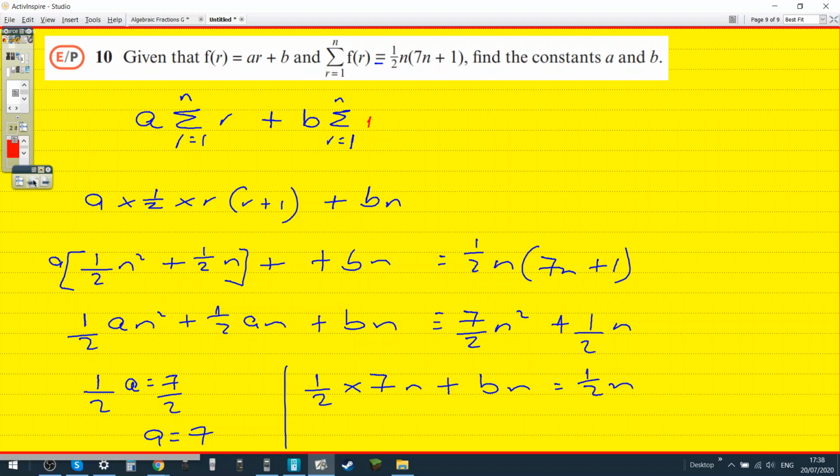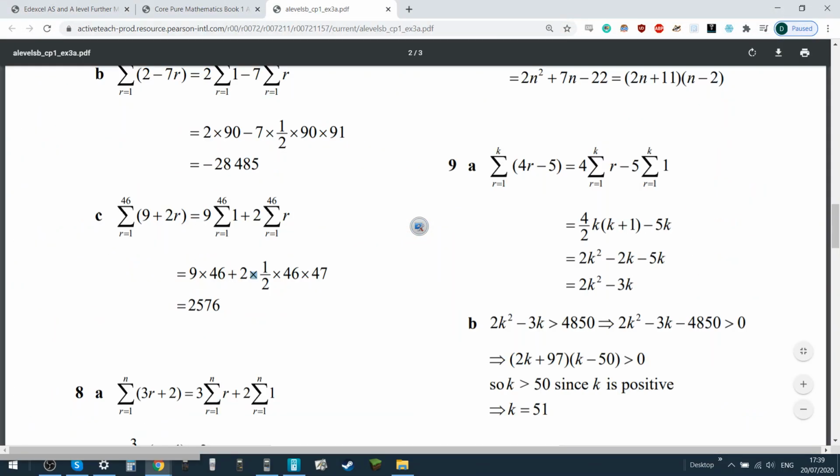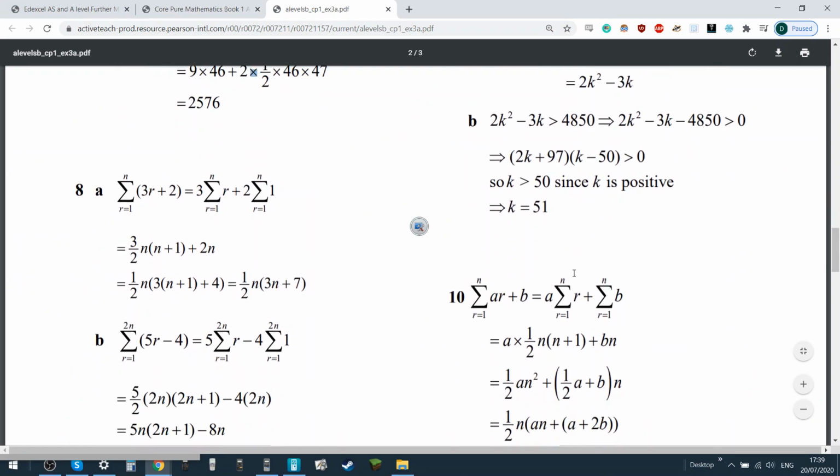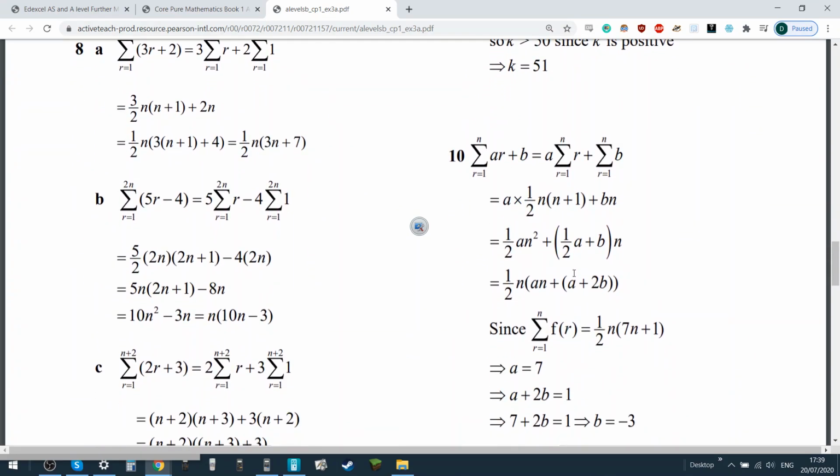So b is equal to minus 3. I'll take your word for it. I don't think that's right. Hold on. Actually, yeah, it is. B is minus 3. 7 and minus 3. Nailed it.